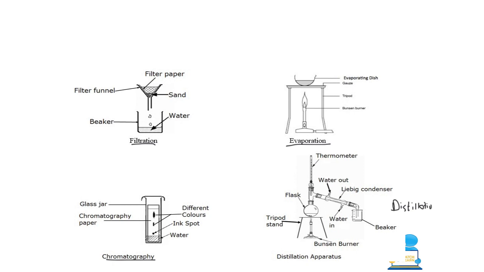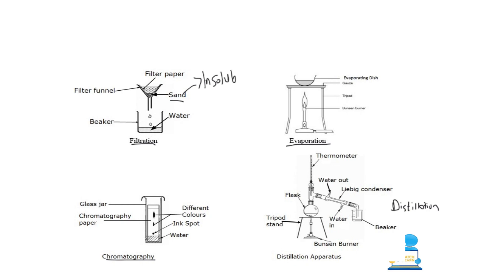So can we dissolve sand in water? Of course we cannot dissolve it in water. So we're not going to be able to use chromatography because it's not ink. We're not going to be able to use distillation because it's not a soluble solid. And we're not going to be able to use evaporation because again, it's not a soluble solid. So sand is insoluble. So we use filtration to separate an insoluble solid from a liquid.